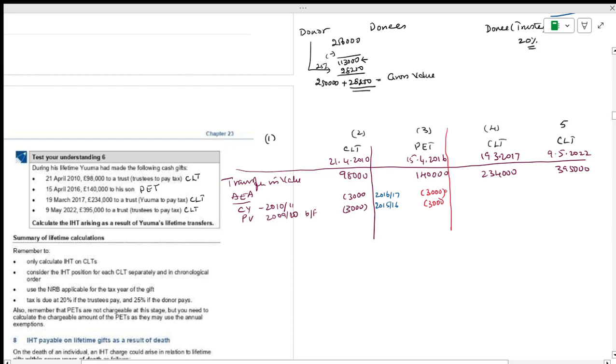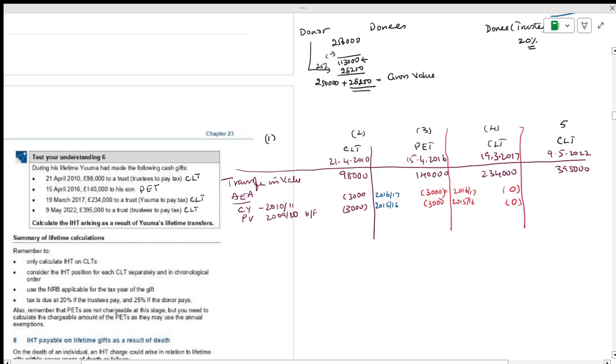Now see the things. 15/4 and 19/3 are the same year, 2016-17 and 2015-16. Nothing is there here, 0. Here also 0, because it is the same year.